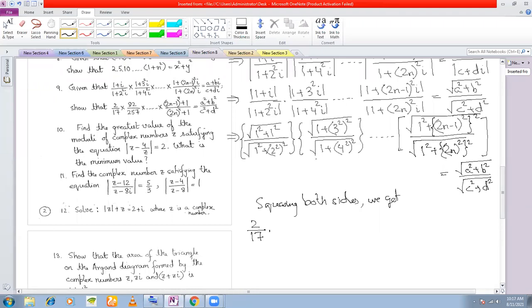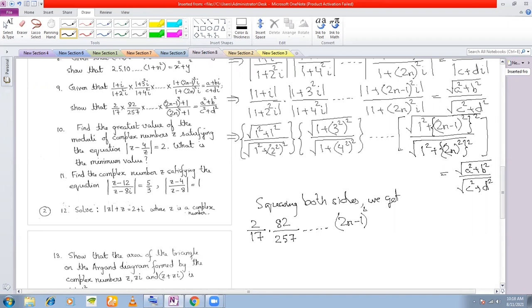What about the next one? There is no square root because we have already squared. 3 square square, 3 to the power of 4, 3 to the power of 4 plus 1 will give you 81 plus 1, which is 82, divided by, and here similarly you will get 257. 256 plus 1, 4 to the power of 4 is 256, and so on till you get 2n minus 1 square square.